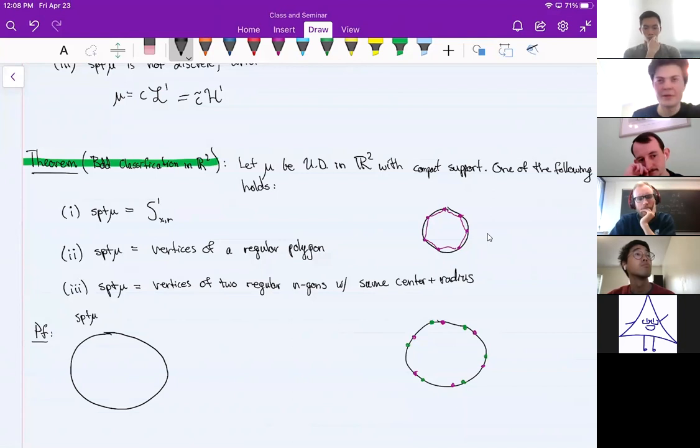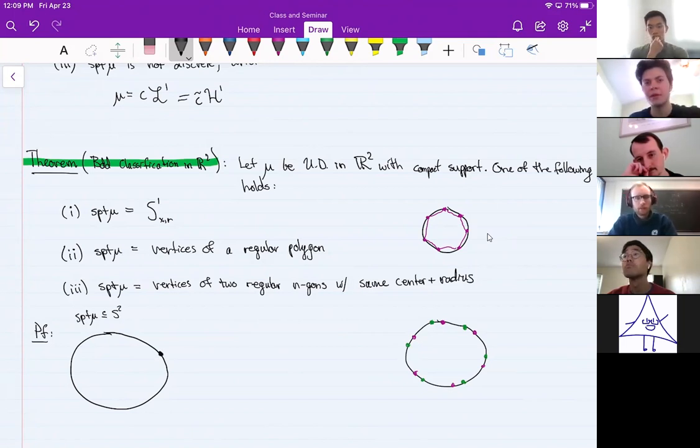If I have mu as a uniformly distributed measure, the support of mu is contained in some circle somewhere. Because it's compact, we're getting rid of basically everything but the first case in the previous theorem. Okay, never mind.